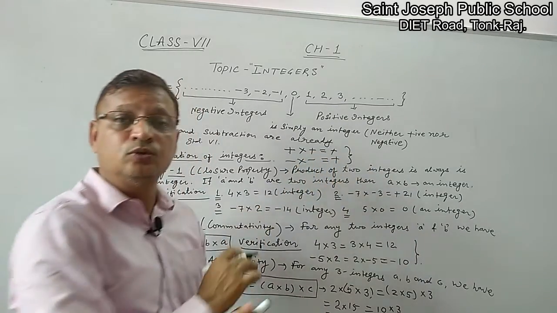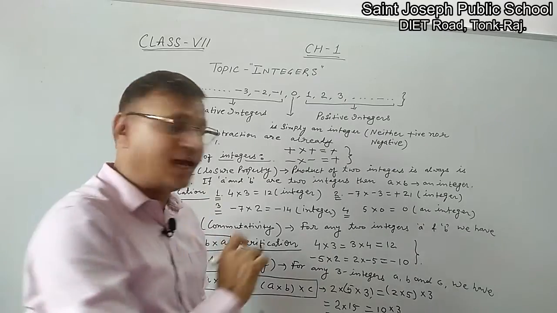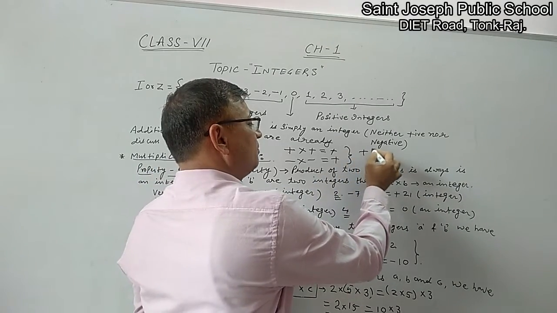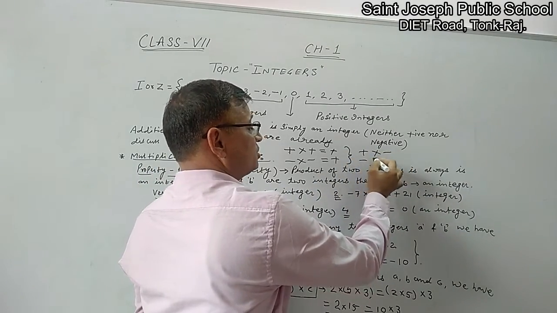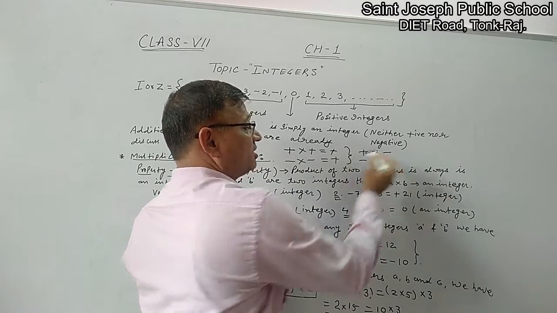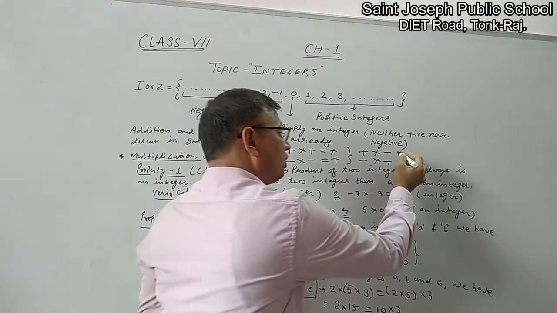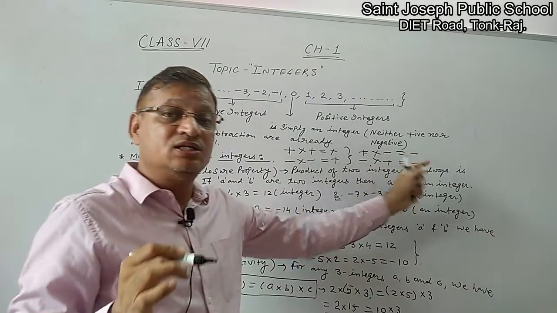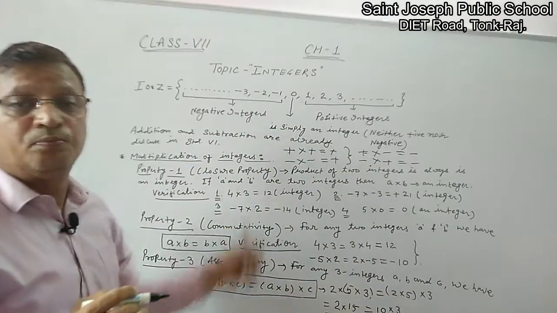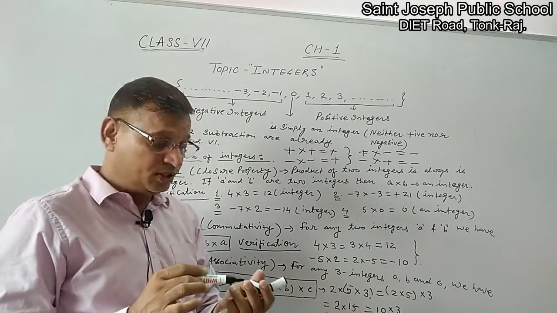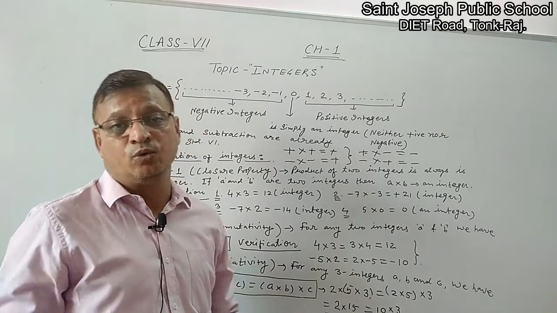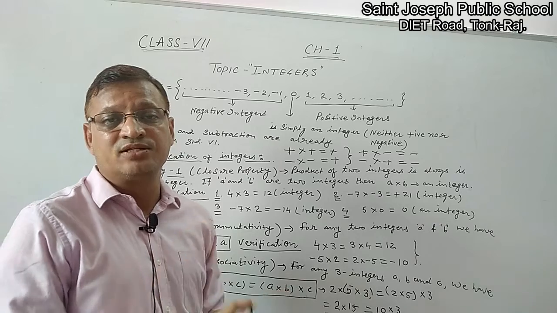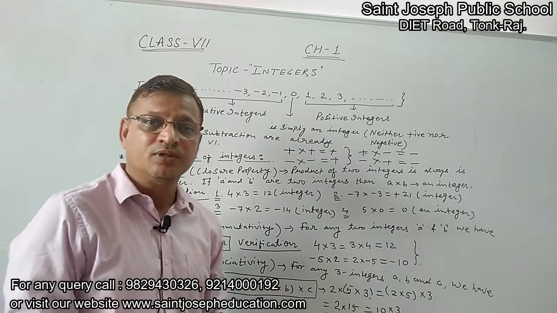This is the product of two same signs. And the second case, we take different signs, plus into minus and minus into plus. The product of different signs is always negative, always negative. These are very important rules in the product of 3, 4, or 5 integers, whether with different signs or the same sign.